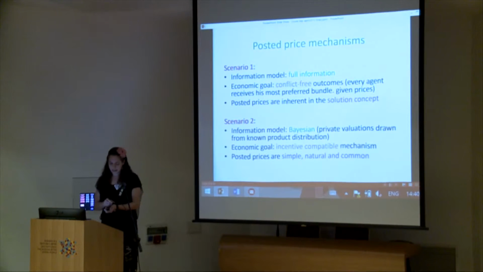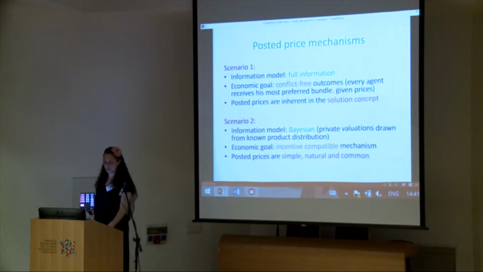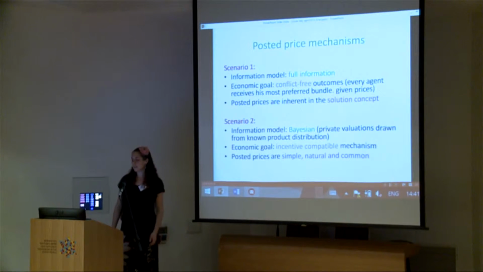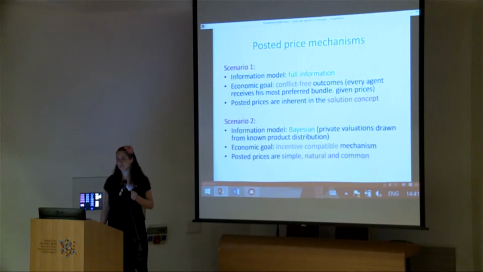As I said, we will talk about two very different scenarios. The scenarios will be different in the informational model we assume. One will be a full information setting, the other will be a private or Bayesian setting. In one of the scenarios, the posted prices will be inherent in the solution concept. In the other, we will require the mechanism to impose posted prices.